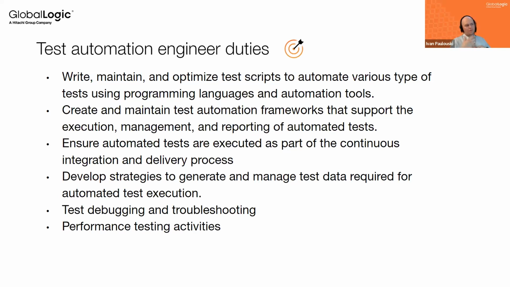So it's not only the question of writing down the test, it's also the question of how to organize and manage your test data to get more benefits from your automated solution.